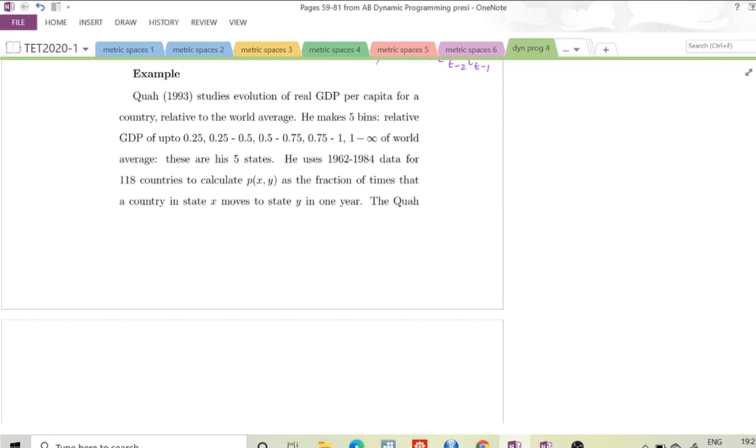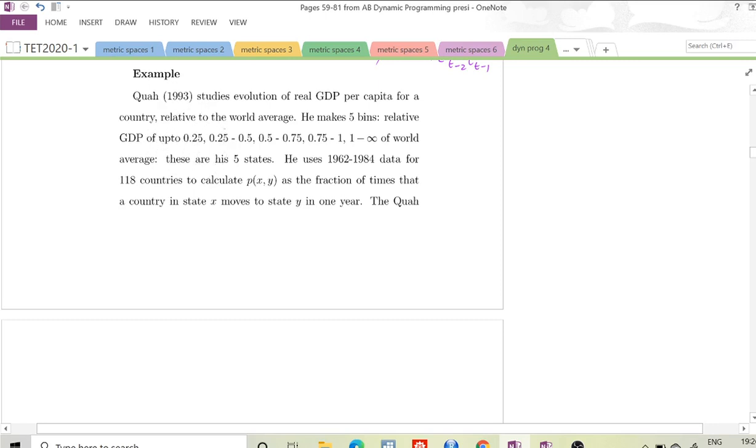So he was making the following point. He said, look, these 118 countries have real GDPs which, relative to the world average, let's approximate as really low GDP per capita.